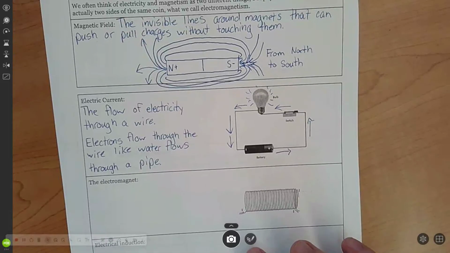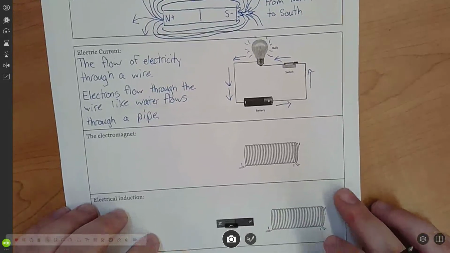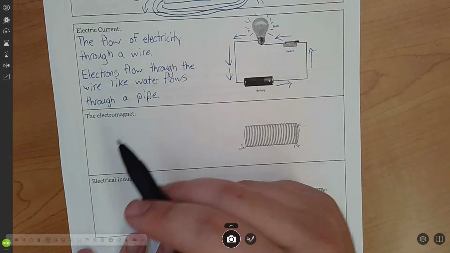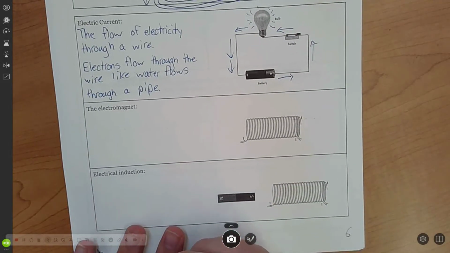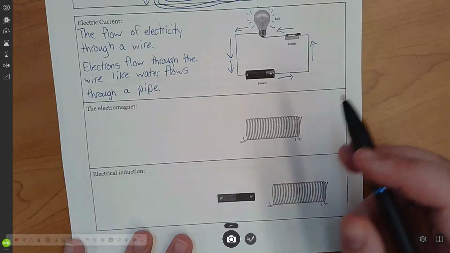So you might have heard of these things called electromagnets. A normal magnet is always magnetic. An electromagnet only works when it has a current flowing through it, so when there's electricity going through it.